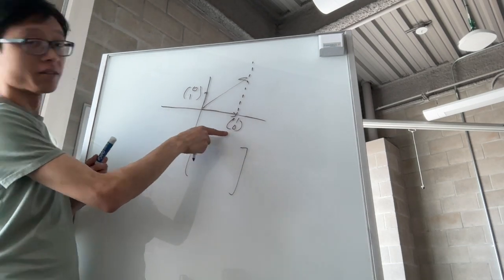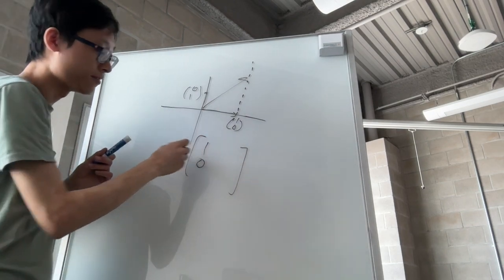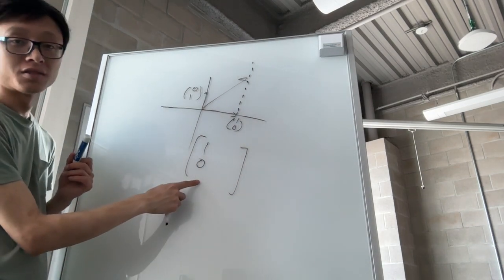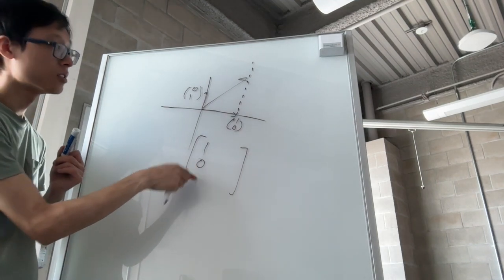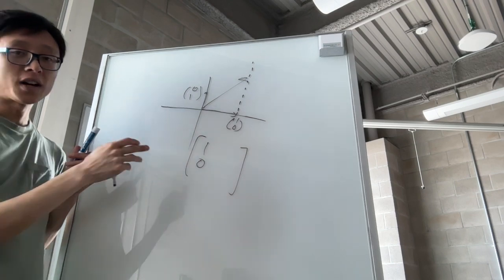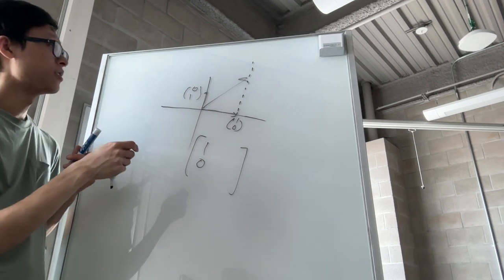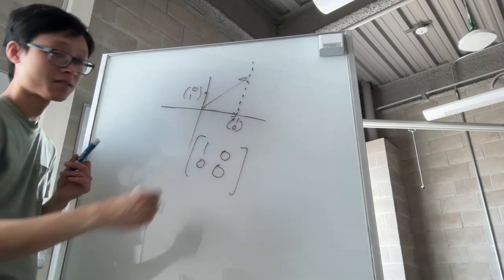Well, 1, 0 is already on the x-axis. So if you project it onto the x-axis, it's just still itself. So the first column is 1, 0. 1, 0 didn't change under this transformation. How about 0, 1? Well, it's got entirely y component and no x component. So if you project on the x-axis, it's just going to turn to nothing, the 0 vector.